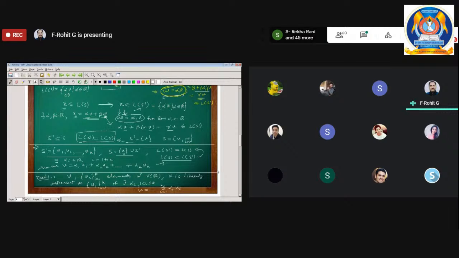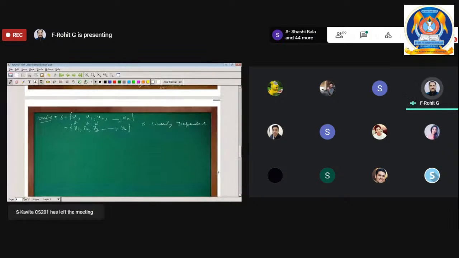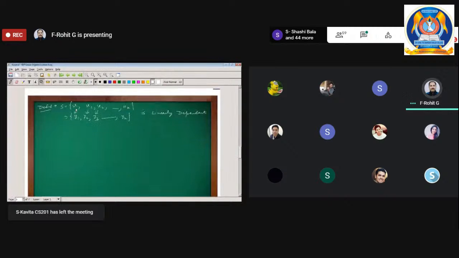Okay, so I will move ahead. If I have a set S, I am taking Y1, Y2, and so on. These are the elements, so the last element will be Yk plus 1, right? I am renaming it. These are k plus 1 elements, so I am renaming them as Y1, Y2, and so on, Yk plus 1.